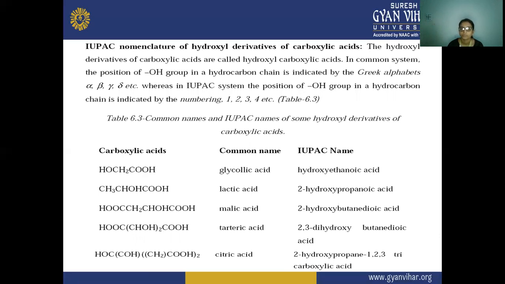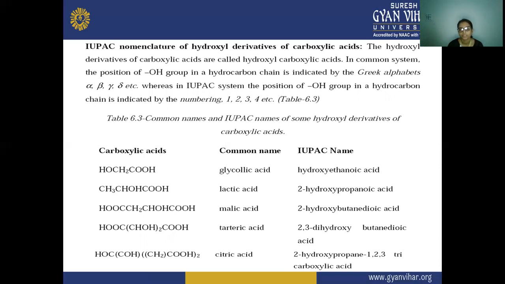In the common system, the position of the OH group in a hydrocarbon chain is indicated by the Greek alphabets, that is alpha, beta, gamma, delta, etc. Whereas in the IUPAC system, the position of the OH group is indicated by the numbers 1, 2, 3, 4, etc. So in the table you can see these hydroxyl derivatives, which we have to name according to IUPAC.